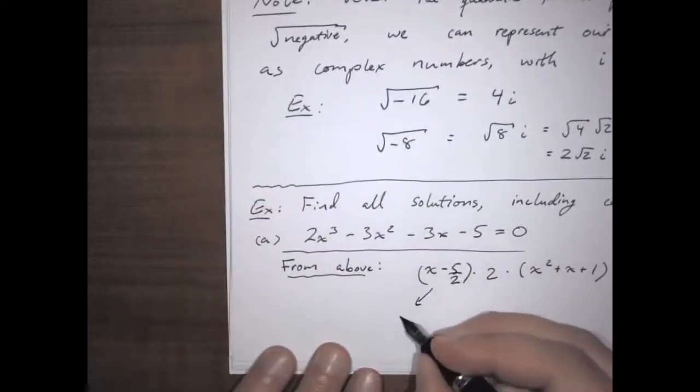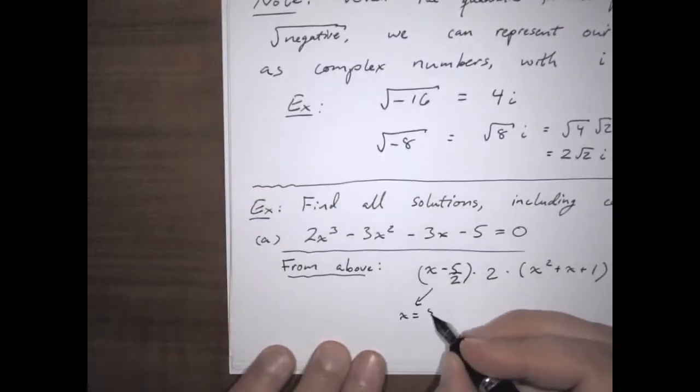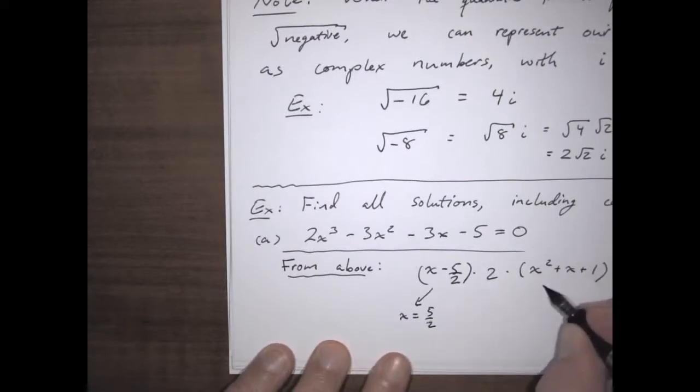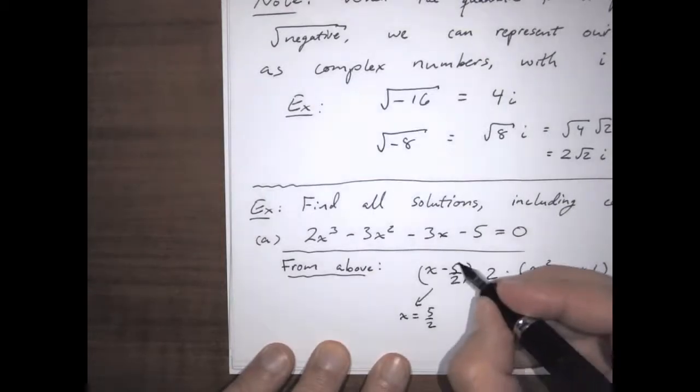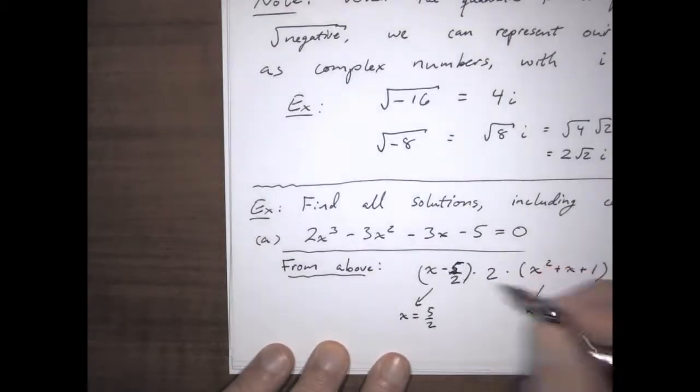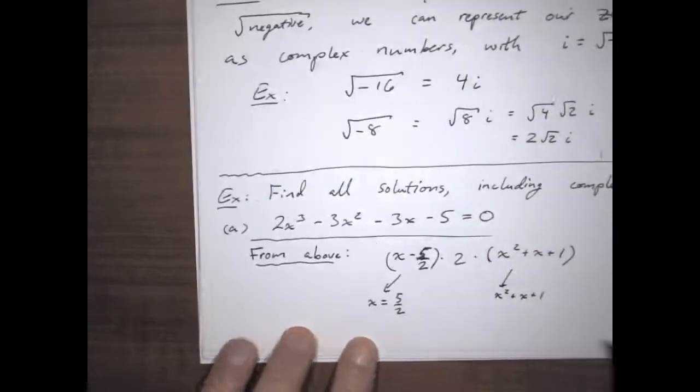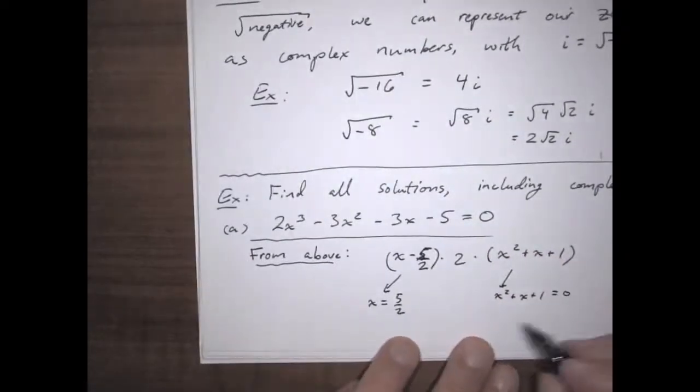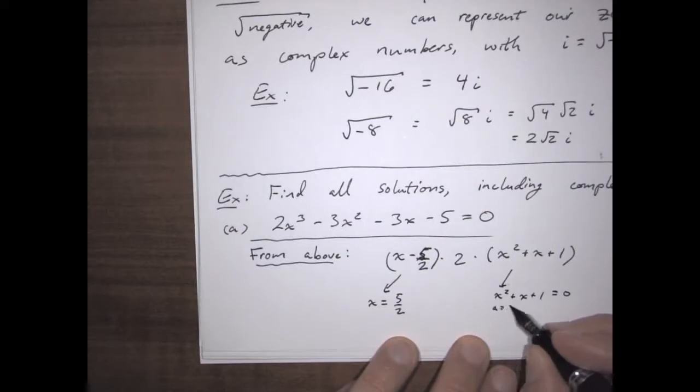Now here we got x = 5/2, and from here we're just going to revisit what we did already. We're going to set the quadratic equal to 0, and that's going to have, again, quadratic formula, a = 1, b = 1, c = 1.